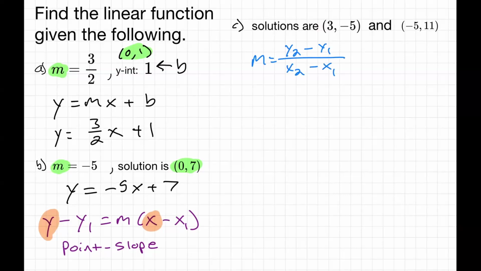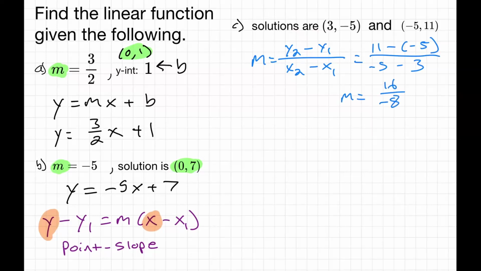Now, does it really matter the order that we plug in the ordered pairs? Which one goes first or second? The only key is these 2 values better come from the same ordered pair, whatever order you choose. What we're going to find here, though, is that this will give us 11 minus -5 all over -5 minus 3, which would be what, 16 over -8?